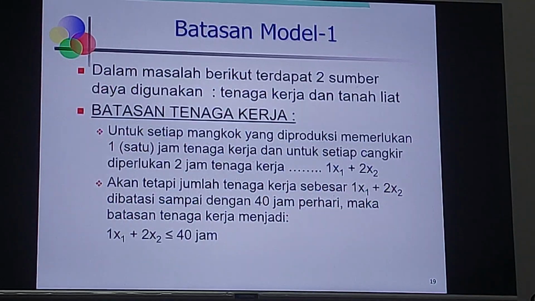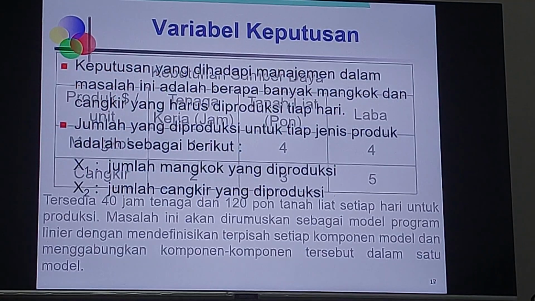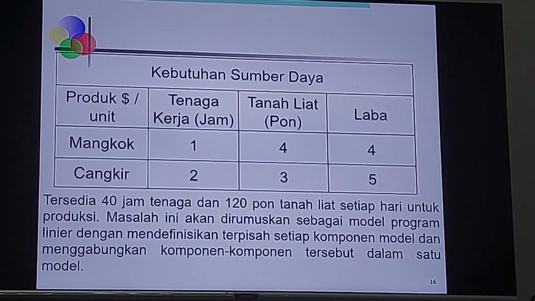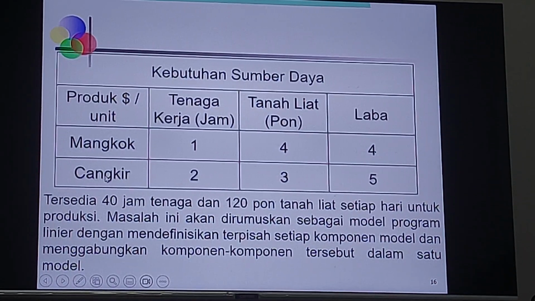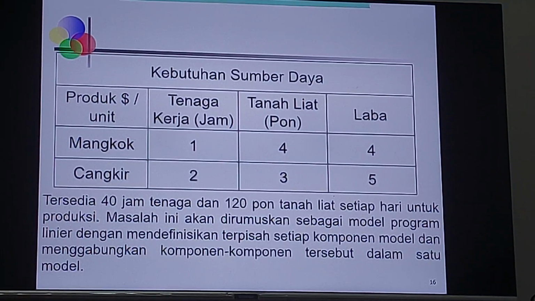So what should we make about the worker? We know that we have this information about the worker. The maximum is only 40 hours per day of work of worker, right? And each product needs hours: 1 hour for one bowl and 2 hours to make one cup. Now we can see how we can relate the capacity of 40 hours to those hours.